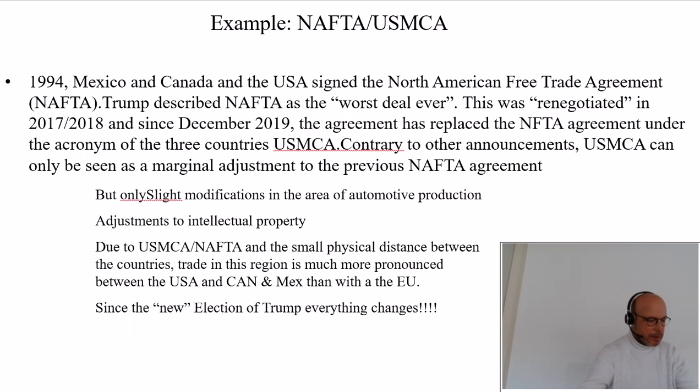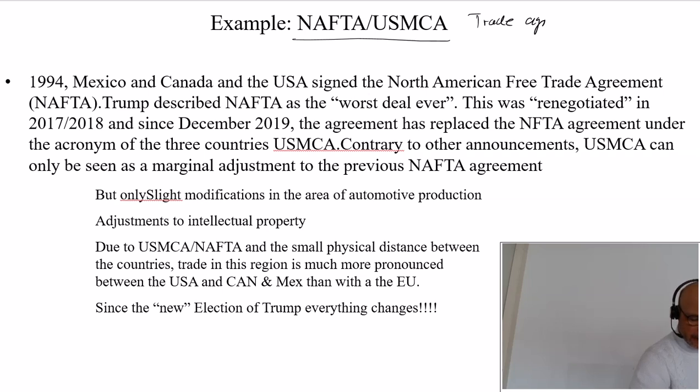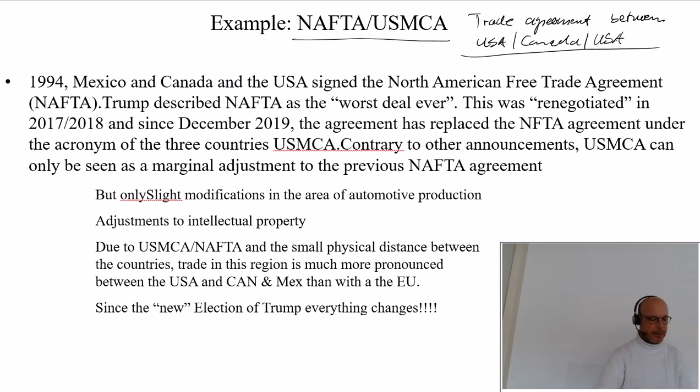And for this, now let's have, well, maybe the last time in this lecture, the example of NAFTA or USMCA, and this is the trade agreement between USA, Canada, and Mexico. Well, when he was the first time in the Oval Office, Mr. Trump said that this has been the worst deal the United States has ever done.